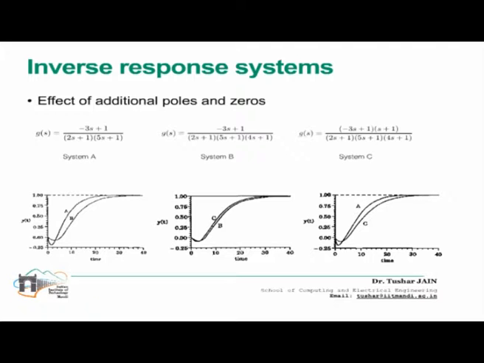Similarly for system C and system B, in system C what I did is add a zero, which means I sped up the response. Here is system C and here is system B. The response of system C is sped up in comparison to system B. Okay, and the difference between system A and system C is that one additional pole is there and one additional zero is there, and depending on the values of these poles and zeros, system C responds slowly, because here you will see the pole is quite dominant over the zero.